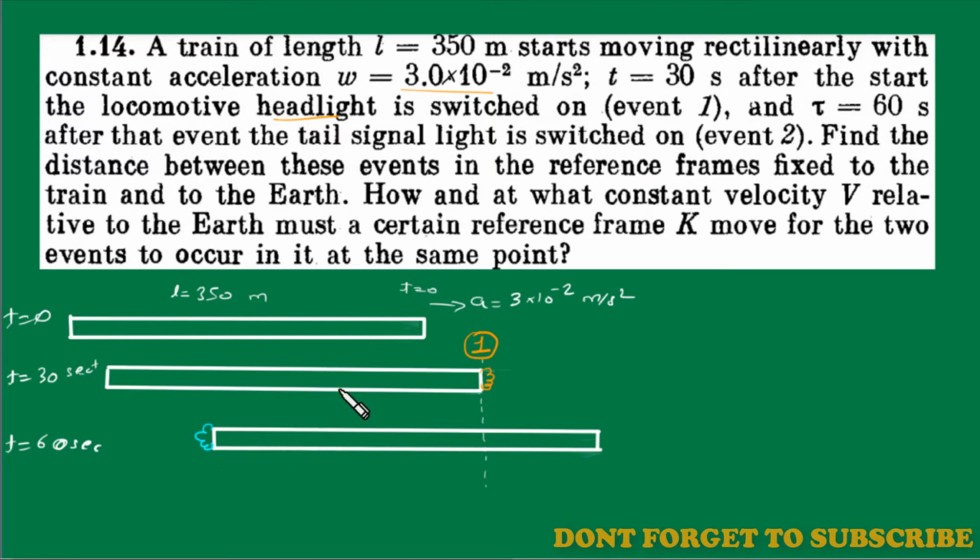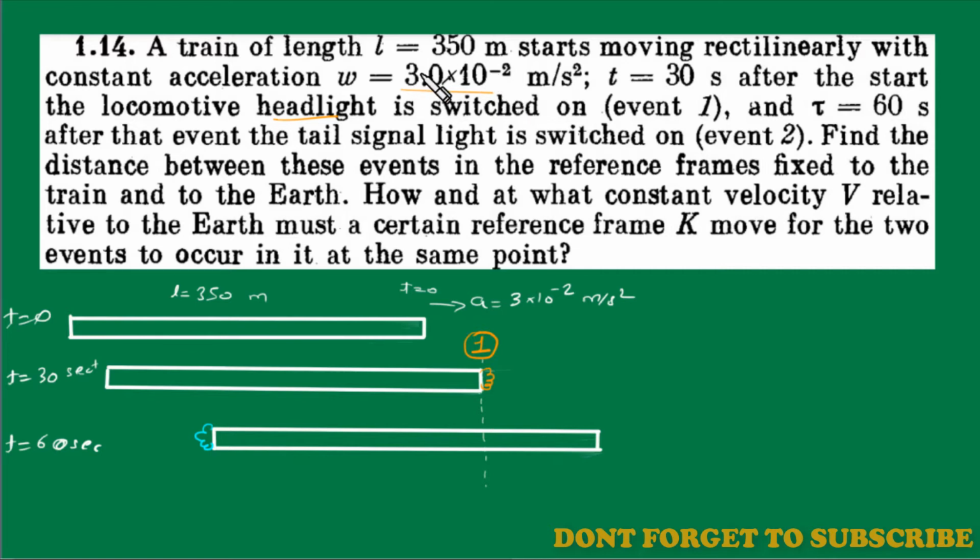And I can definitely say that the train has not even had displacement equal to its length, because look at the numbers, 3 into 10 to the power minus 2.